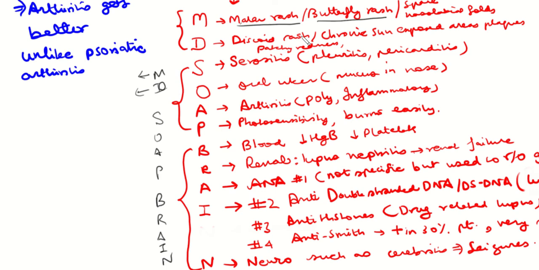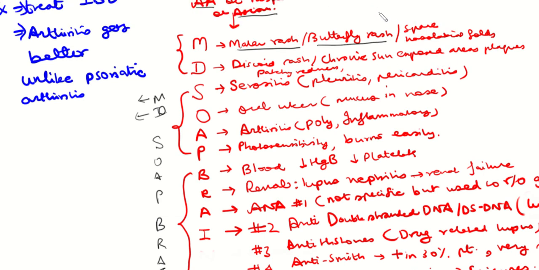D is discoid rash, which is a plaquey, patchy redness on chronic sun-exposed areas. Malar rash, again, butterfly rash, is on the face generally, which gets exposed to the sun, but the nasolabial folds get spared because the folds don't get the sunlight.